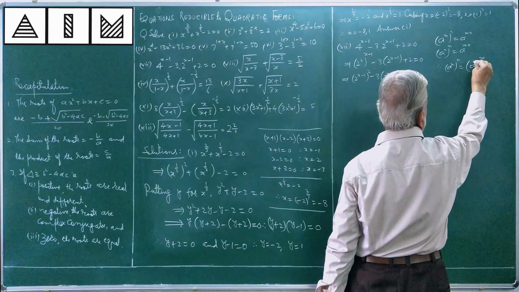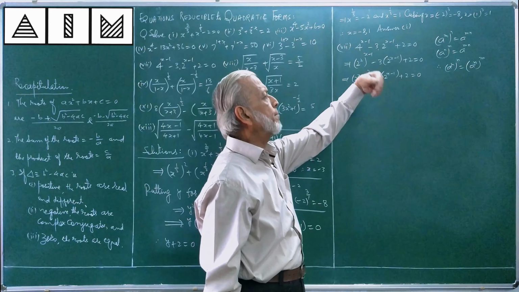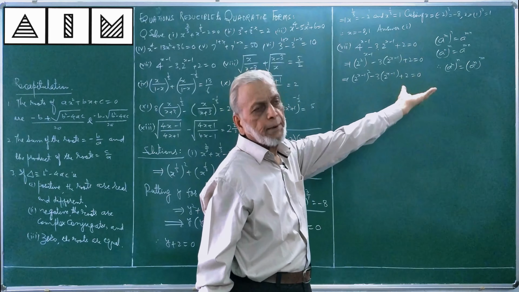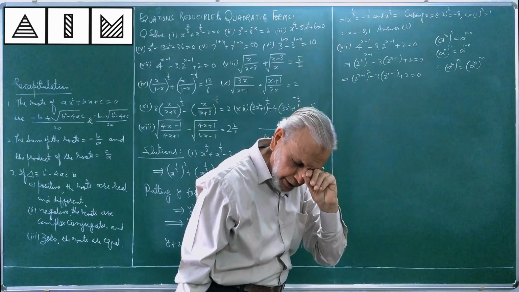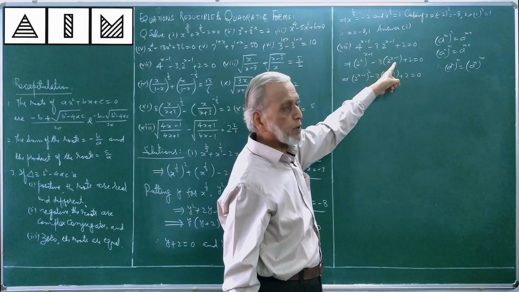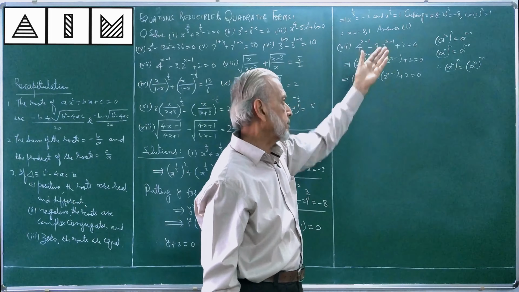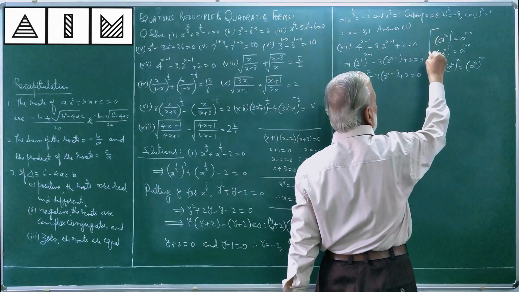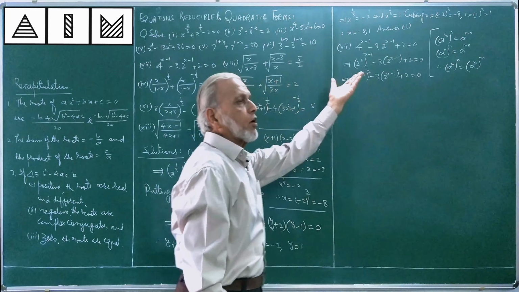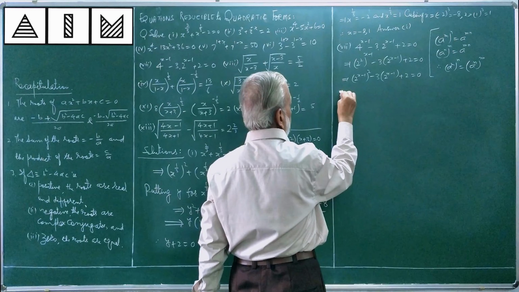Please understand. So many times we will be doing this work. a power m power n is equal to a power n power m according to the requirement of the question. Here the question requires 2 power x minus 1 to have a repetition here. So I have remodeled it like that. Please understand. These are the basics. If you are strong in the basics, there won't be any problem in future for any such question or any other question.